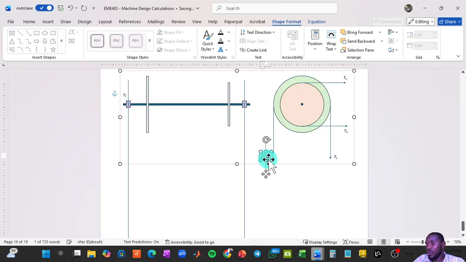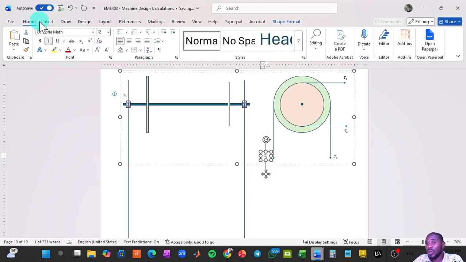This looks quite small. Can we increase the size? Let's make it 18.